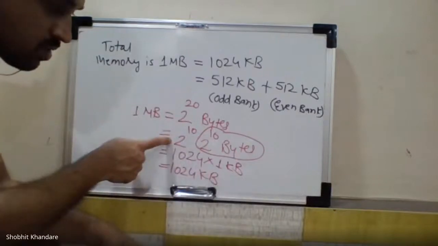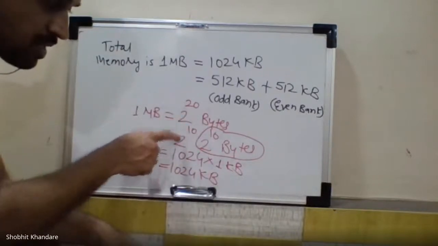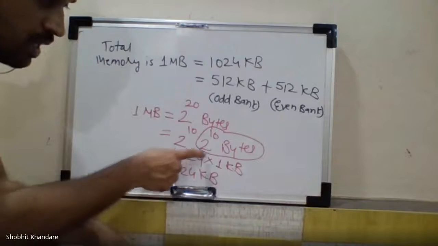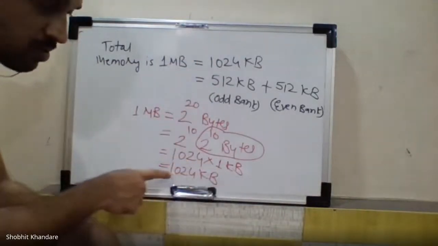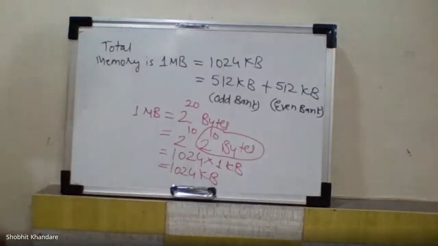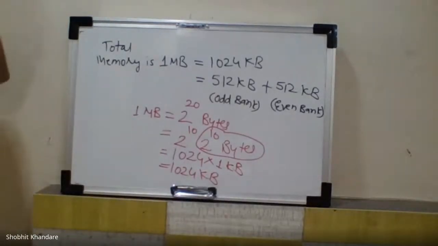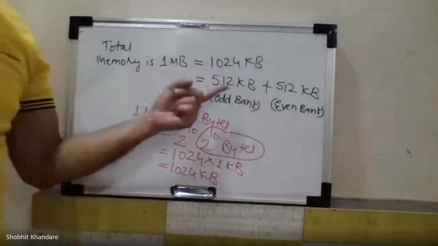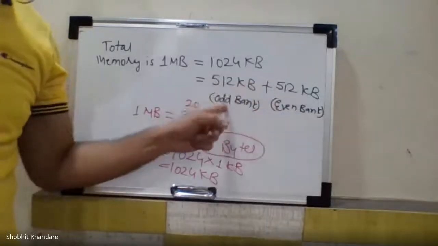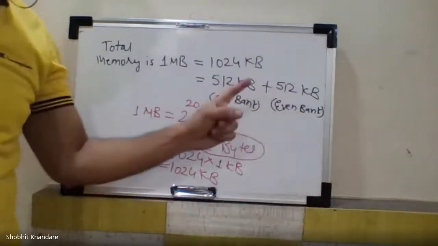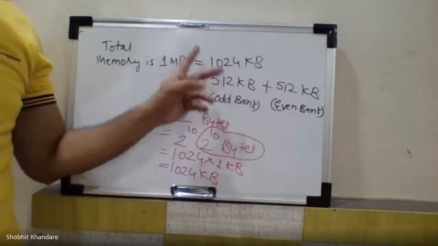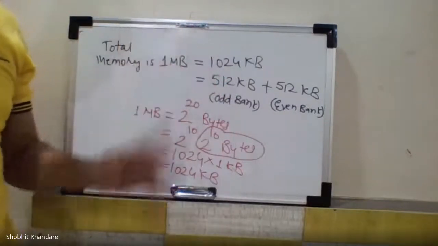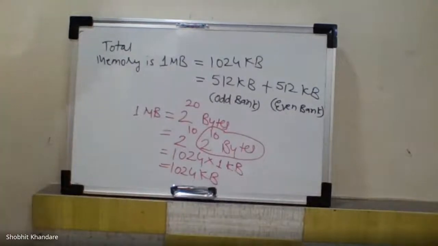If you do the calculation on a calculator, 2 to the power of 10 is 1024, and 2 to the power of 10 bytes is nothing but 1 KB, so it becomes 1024 KB. Now we have understood two banks are there, odd bank and even bank, and the size of each bank is 512 KB.